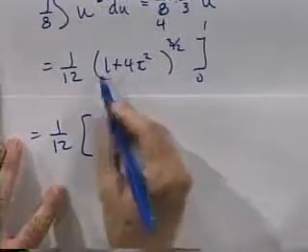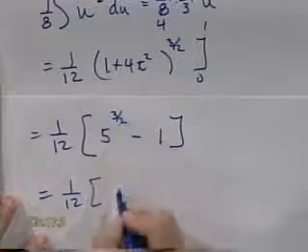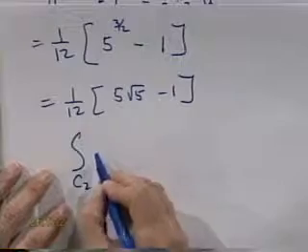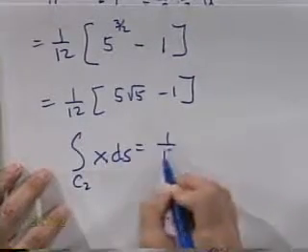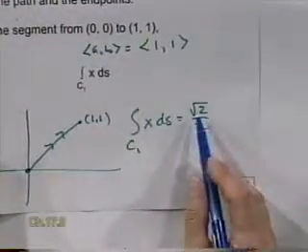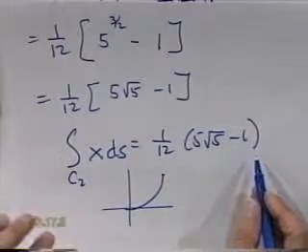Pop in a 0, 1 to any power is 1. And you can't help but say 5 to the 3/2 is 5 root 5, like we did a few minutes ago, writing it as 5 to the 1 times 5 to the 1/2. Notice the integral along C2 of x ds was 1/12 times (5 root 5 minus 1). Along the straight line, we got root 2 over 2. Along the parabola, we got something entirely different.